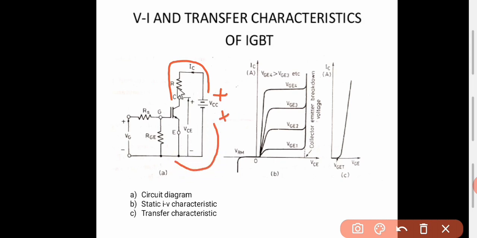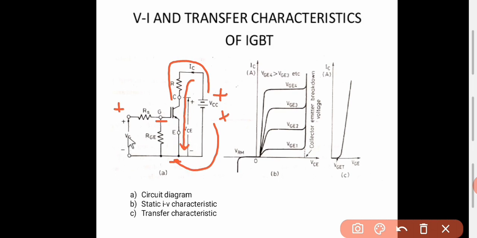In between, one load R is connected, and gate is connected to the positive with respect to the emitter. If we do not apply any gate signal between gate and emitter, no collector current will flow from collector to emitter. So the device is in turn off condition.